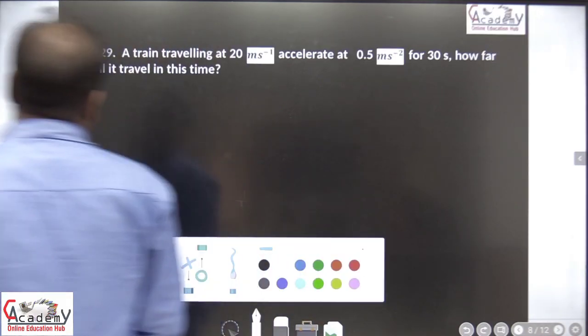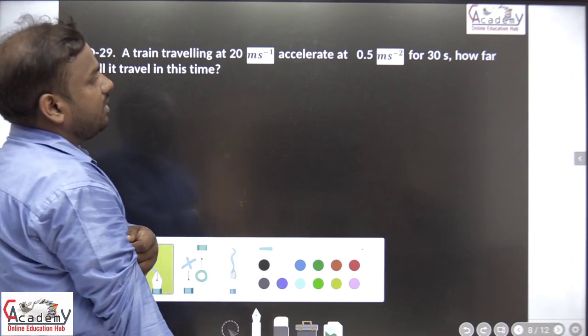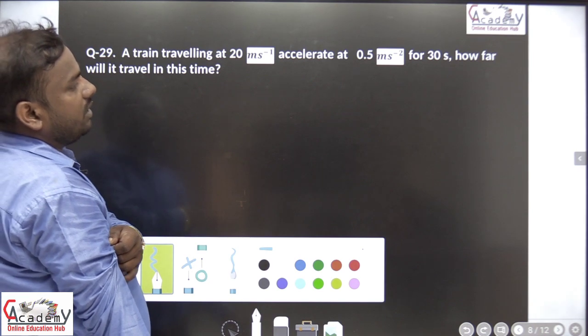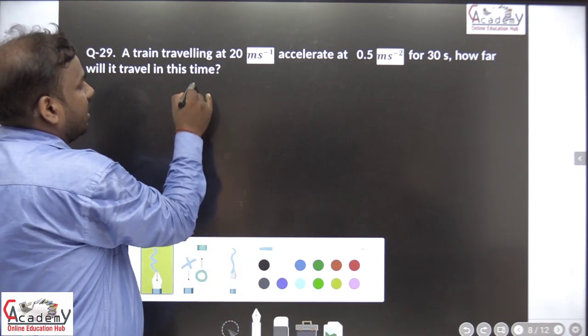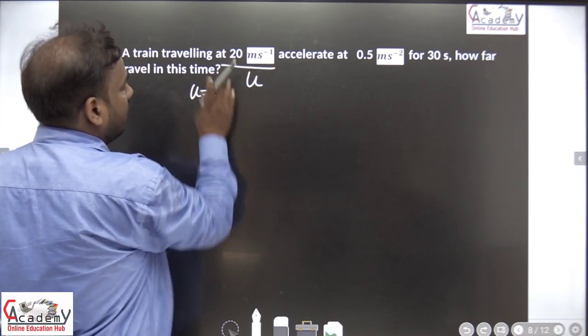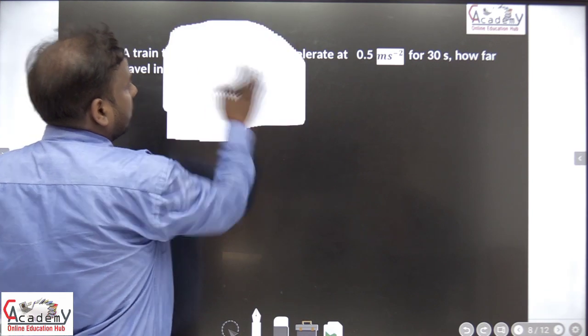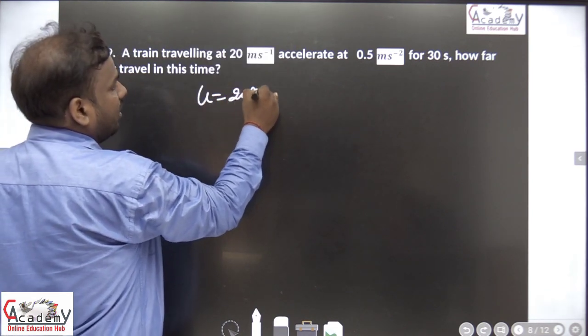Now next, a train traveling at 20 meter per second, acceleration is 0.5 meter per second square, for 30 seconds. How far will it travel? Here the initial velocity u is 20 meter per second.